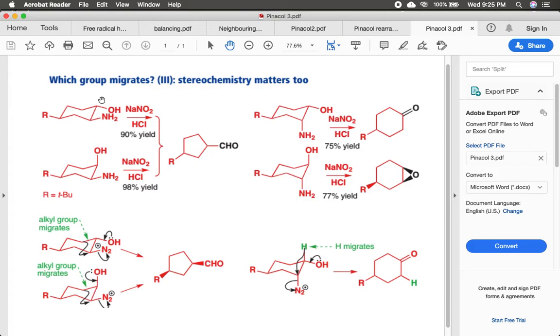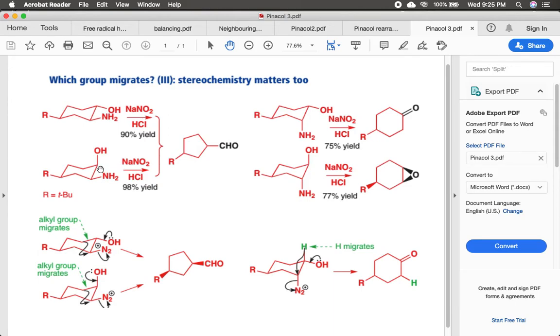But what's the criterion? The migrating group should be anti-periplanar to the leaving group. So for this substrate, the hydrogen is not anti-periplanar to the leaving group, so it cannot migrate. So this bond should migrate and this is the final product.